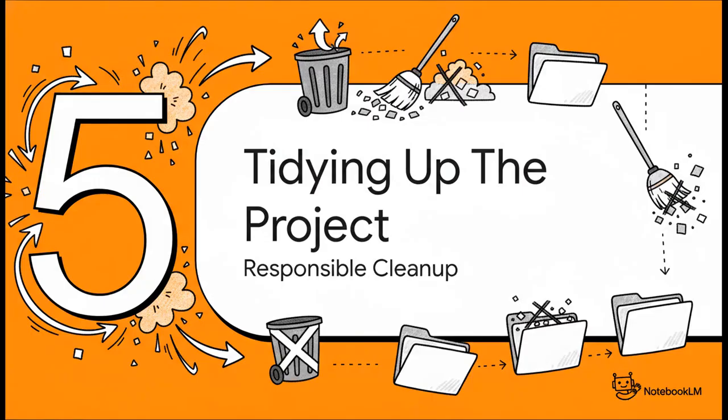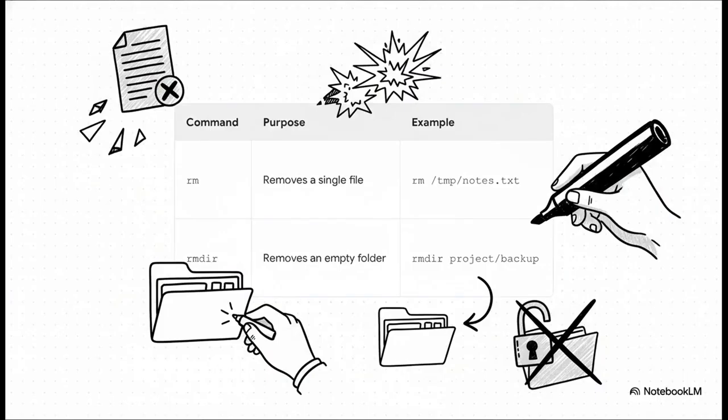The final part of any project's lifecycle is the cleanup. Removing temporary files and empty folders. It just keeps your workspace tidy and prevents any confusion later on. For cleanup, we have two main tools. rm is for remove, and it deletes files. Just a word of warning, be careful with this one, because when something's gone, it is gone.